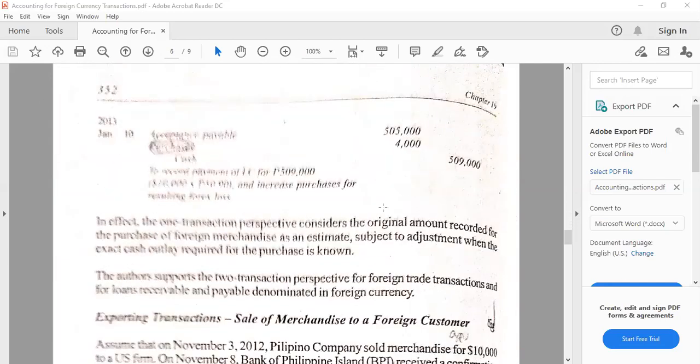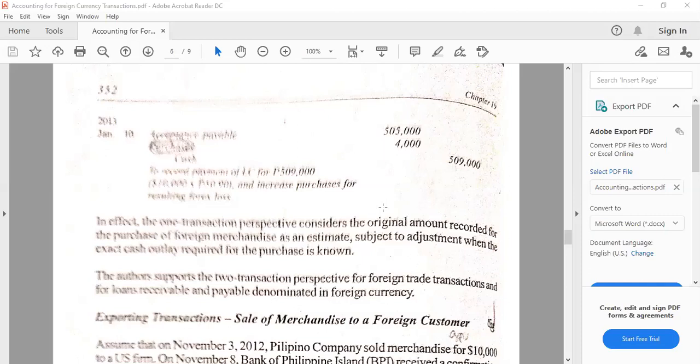But then the author supports, and even I would really support, the two transaction perspective. It's because it encapsulates the point of IAS 21, which is the effects of changes in foreign exchange rates, since we incorporate it at the balance sheet date or reporting date, and we incorporate the changes of values.